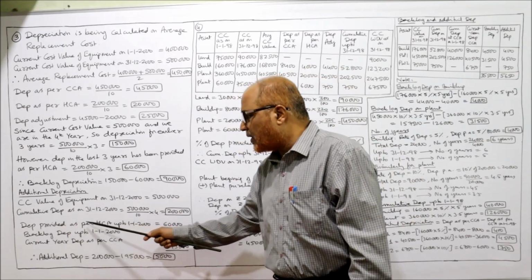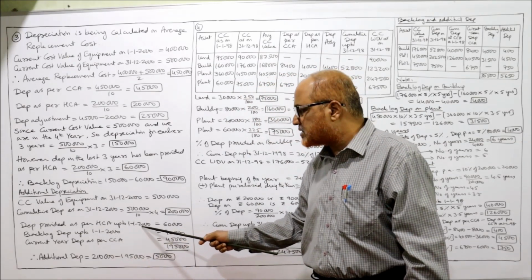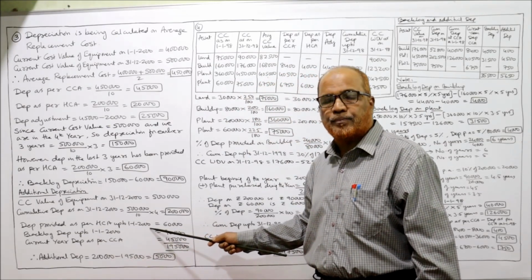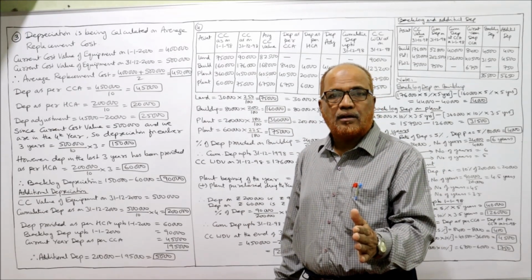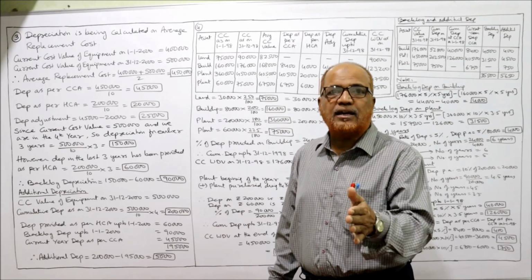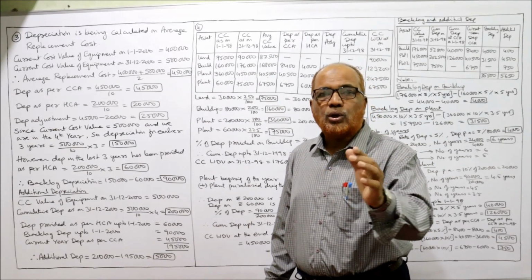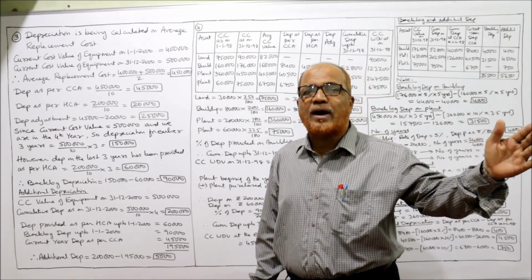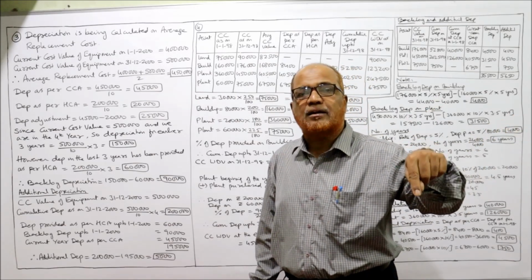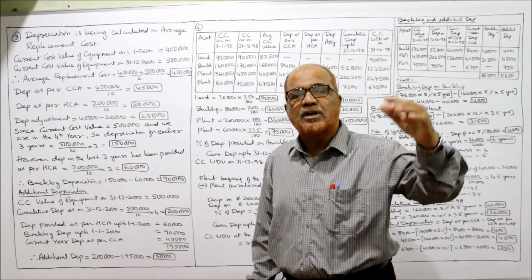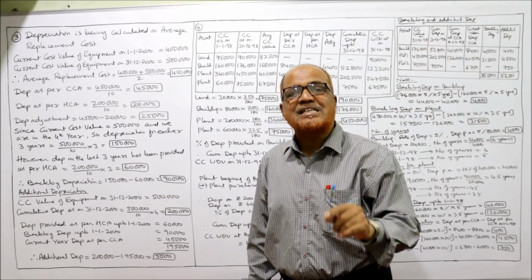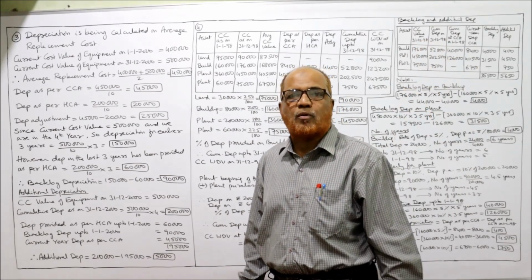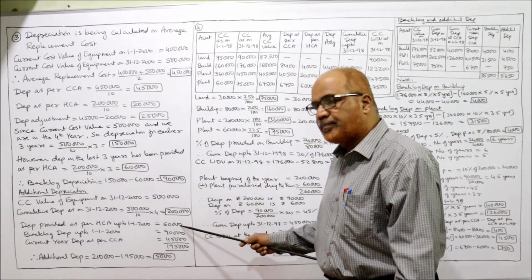So depreciation provided as per HCA up to 1st January 2000, up to the beginning of the current year. The last 3 years we have provided depreciation according to the historical cost accounting method. So 20, 20, 20, 60,000 rupees depreciation in the last 3 years.